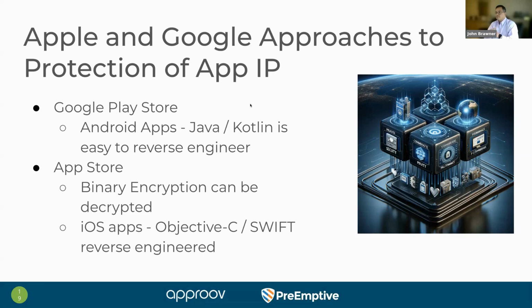Historically, Apple is a little bit more stringent in terms of their publishing process and a little bit more rigorous in terms of security. When it comes to Google, the Google Play Store apps are natively written in Java and/or Kotlin. These are managed languages which compile to an intermediate language called bytecode in order to run on a platform.